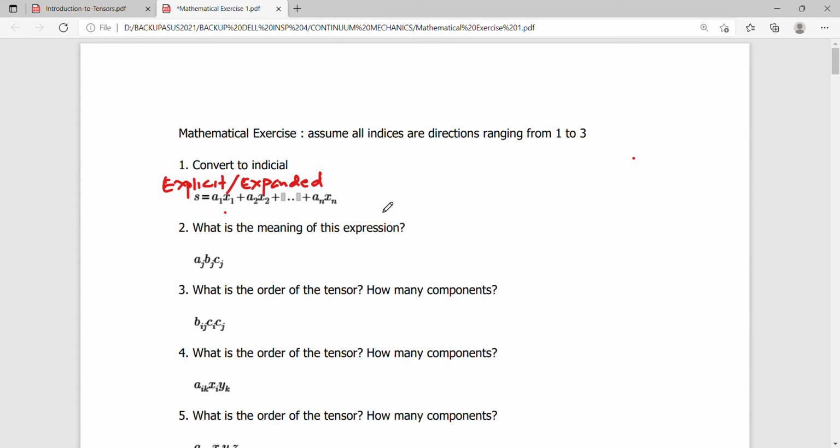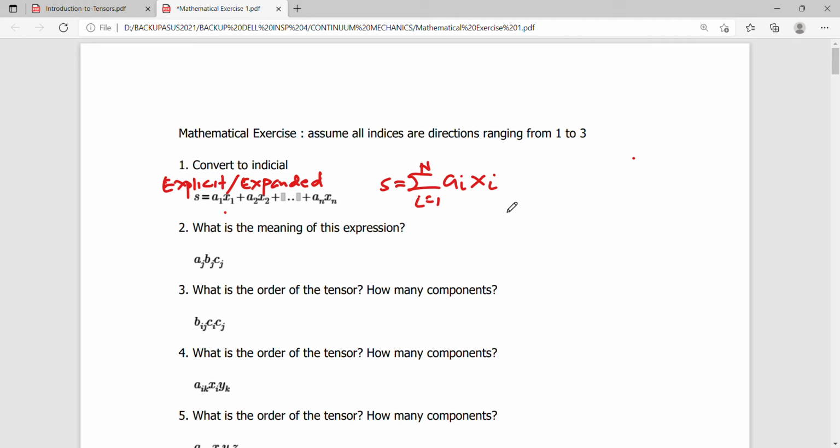But before we proceed with that, the usual form of this summation series is written as S is equal to the summation from i equals 1 to, say, n of a_i x_i. So this is the most compact that we can get out of it.